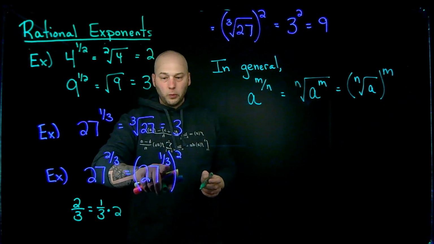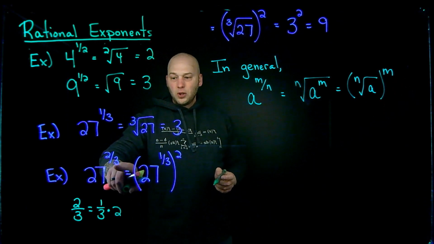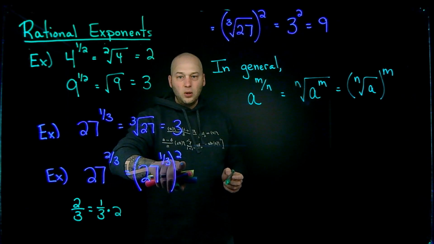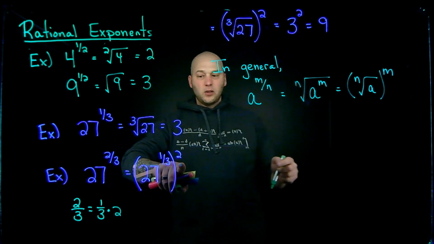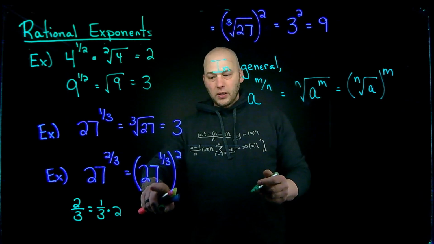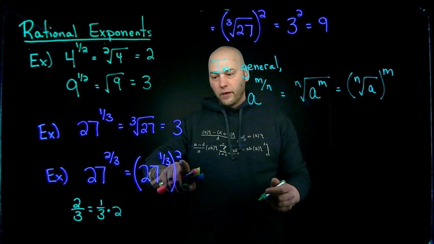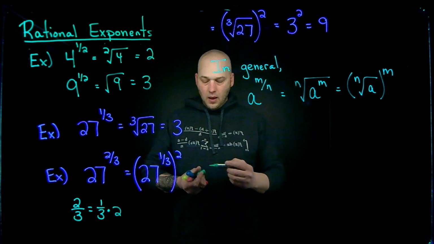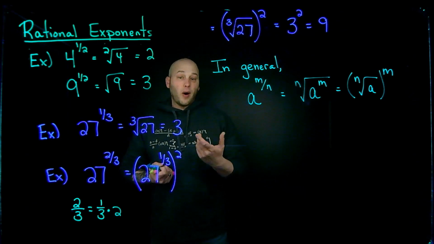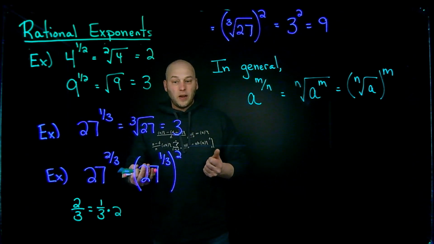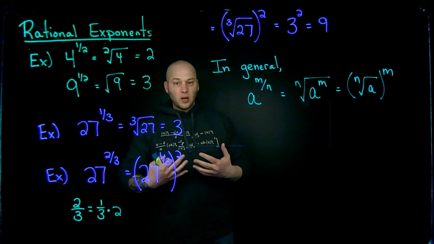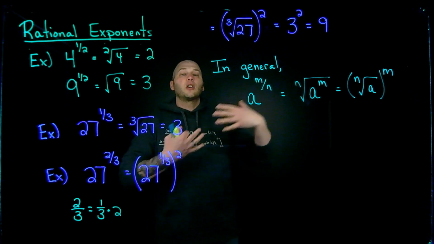Again, because multiplication is commutative, 2/3 is either 1/3 times 2 or 2 times 1/3. And so that means I can either do the radical first, exponent second, or exponent first, radical second. It doesn't really matter. Although in practice it might matter, because if I do a radical first, I'm going to reduce the number, and exponent first, I might increase the number.